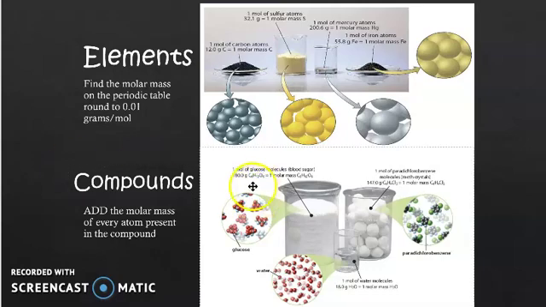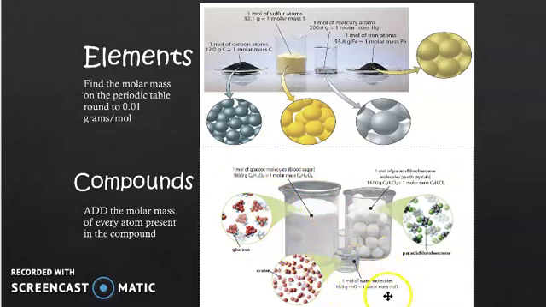So in this case, if I had C6H12O6, glucose, 180 grams of that is the molar mass of it, because I add up 6 carbons, 6 oxygens, and 12 hydrogens. Add up the mass of all of that to get my total mass of 1 mole of it. And same for anything else.